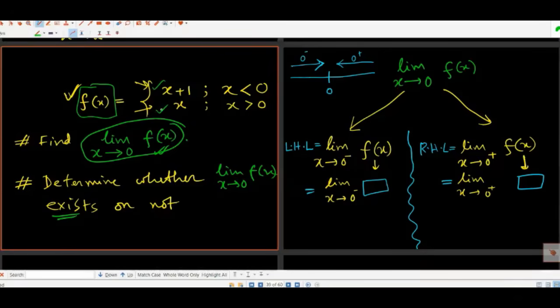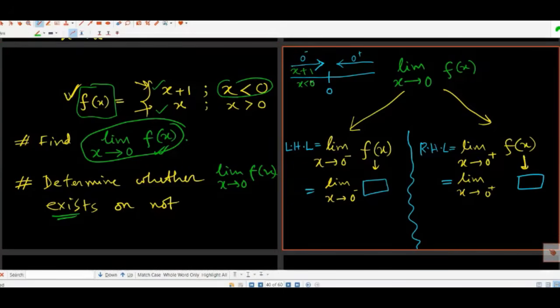Just try to find that function. Which one is 0 minus? x plus 1. Yeah, x plus 1 is for 0 minus, because here we have x less than 0, right? That means we need to find the left-hand function and the right-hand function. Do you get my point?